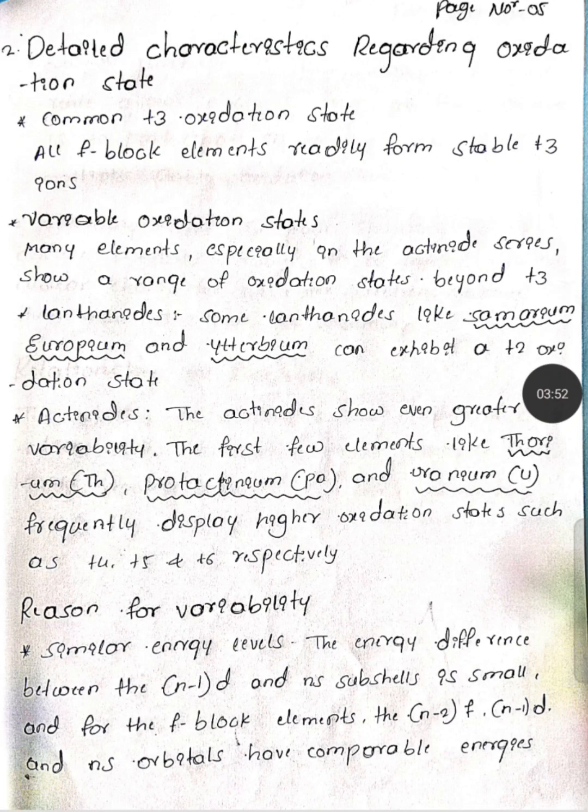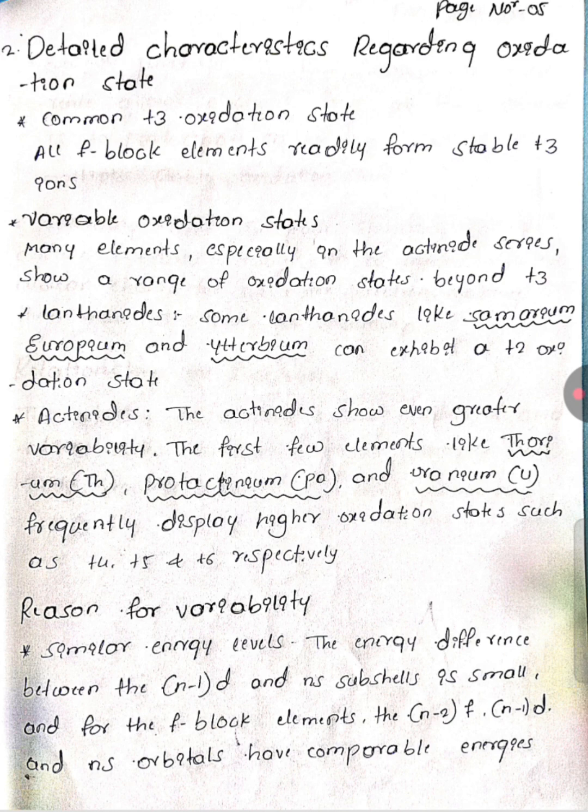Next character is with reference to oxidation state. The common oxidation state is +3. All F block elements readily form stable +3 ions. Variable oxidation states: many elements, especially in the actinide series, show a range of oxidation states beyond +3.